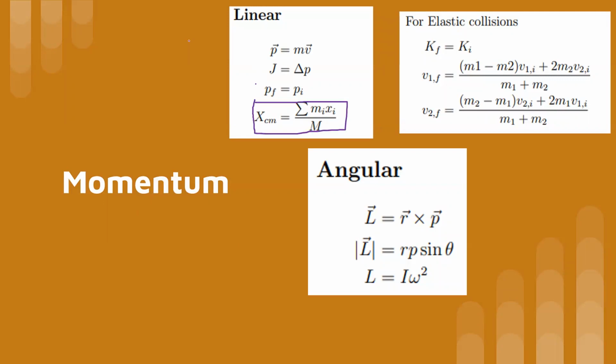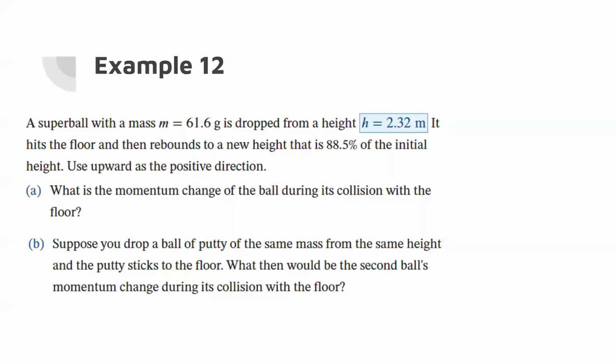I don't know if there will be any problems with center of mass, but I'm not really going to go over any center of mass problems, because the questions that I've gotten with center of mass are usually a little more complicated, and I don't think that they would put anything like that on the final, because we never really did anything like that.